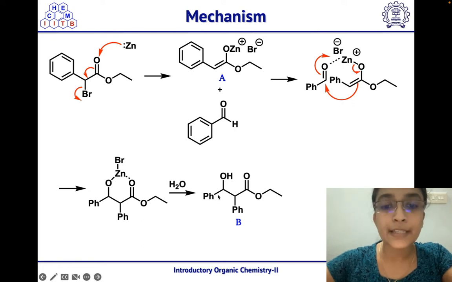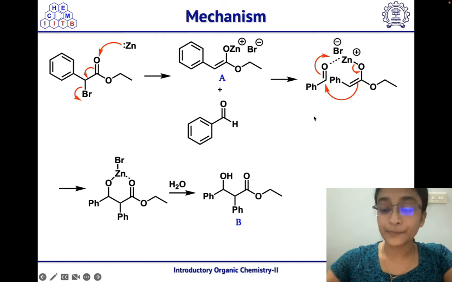So here we can see compound B has two aromatic rings. Also, this second step, the addition of this benzaldehyde, is similar to an aldol condensation reaction. It is not a benzilic acid rearrangement.